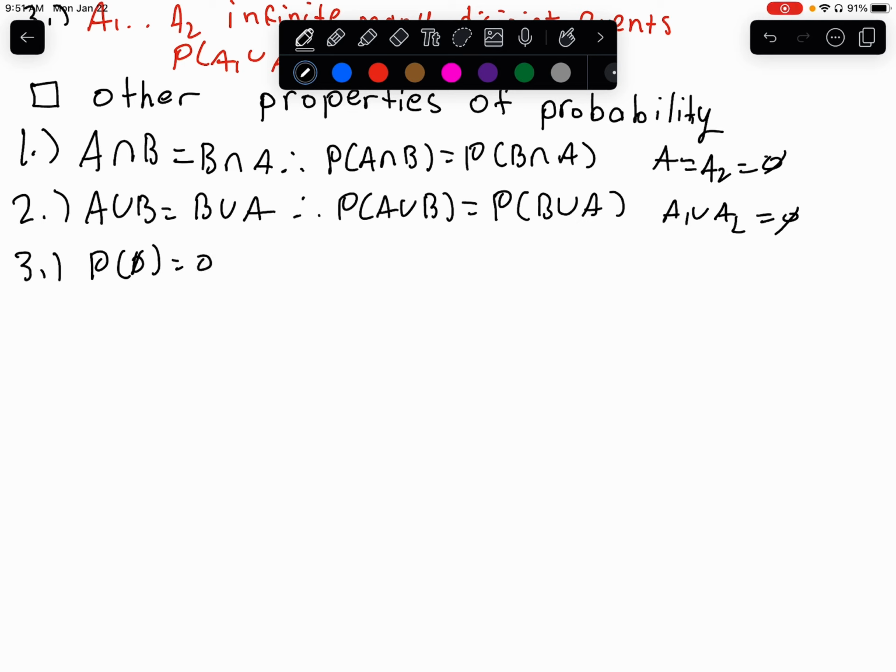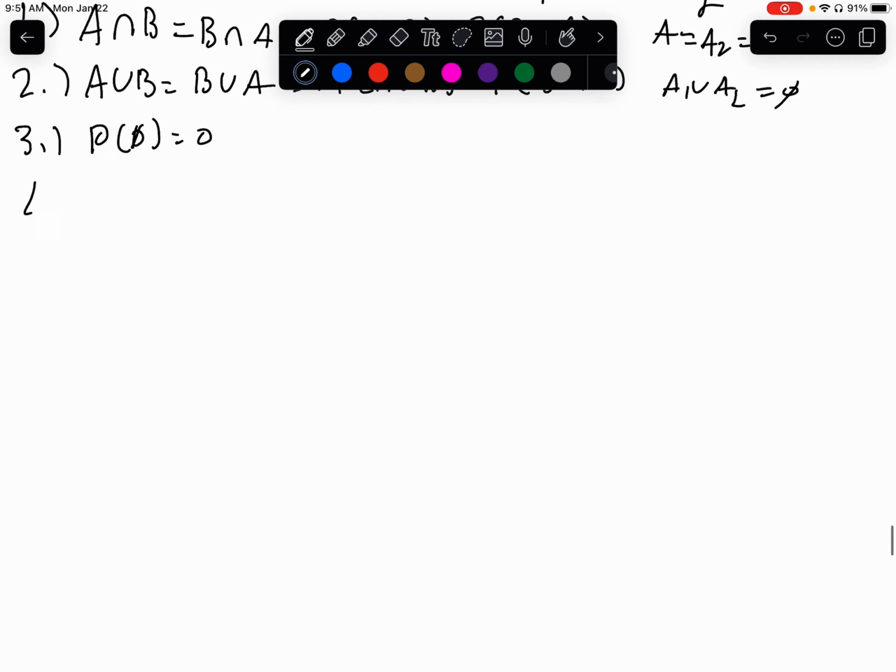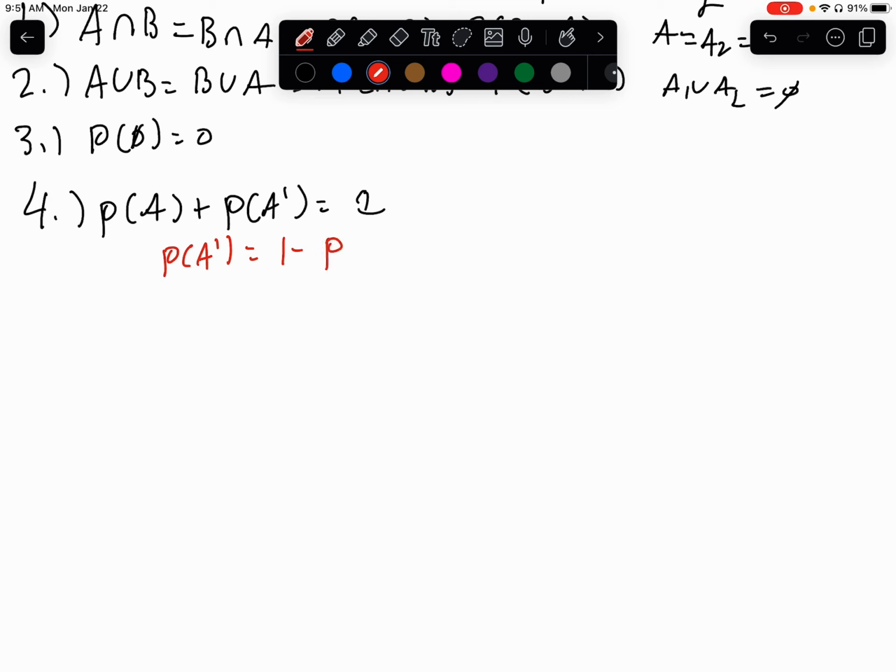So we can conclude that these events are disjoint. Fourth one: the probability of A plus the probability of A complement equals 1. The formula we can use for this is P of A complement equals 1 minus the probability of A.